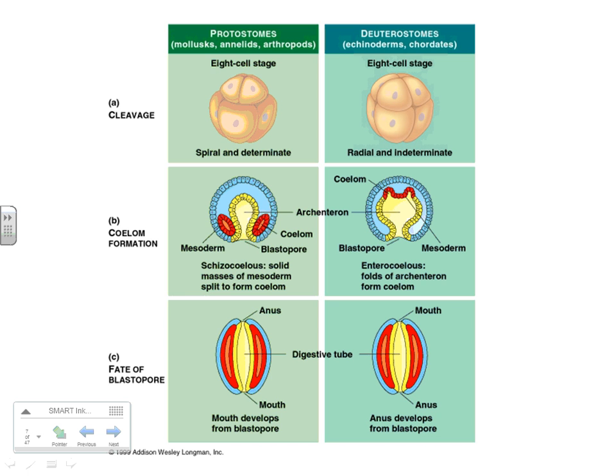Here's the blastopore. And then this is that tube that's going into the gastrula. Notice that it sort of folds up back here in the back, in red, in this area. And those folds end up making what later will become this whole body cavity that holds all your organs.